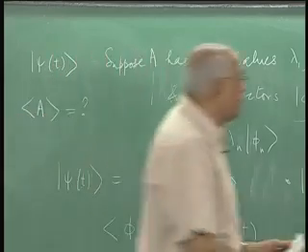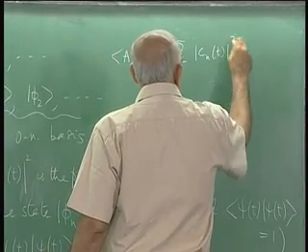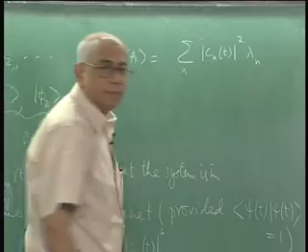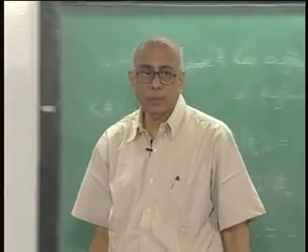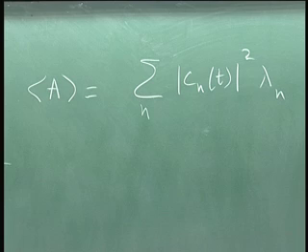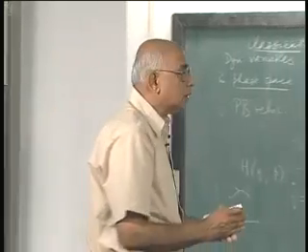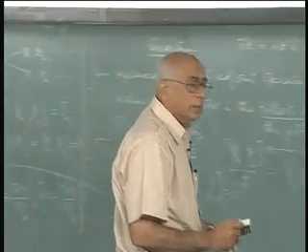So it is immediately clear that this quantity is the sum of mod Cn of t whole squared times lambda n. That is the meaning of the average. Once you give me a probability distribution, the average is just the value at each point in which the probability distribution fires multiplied by the probability.